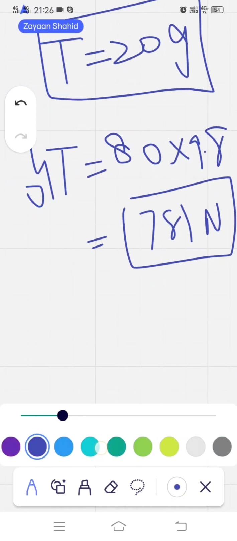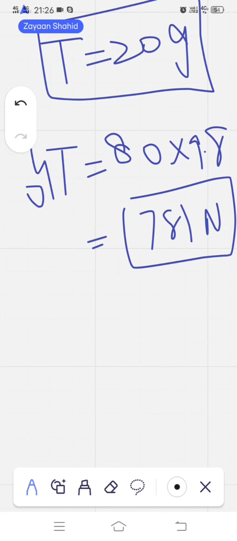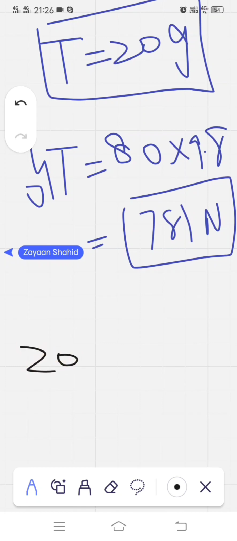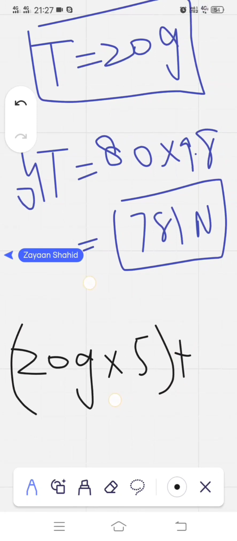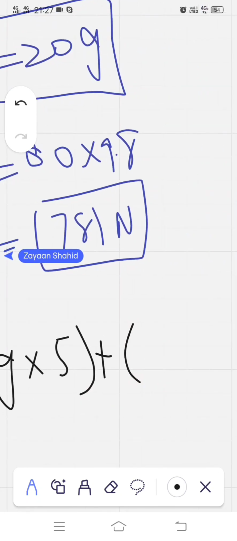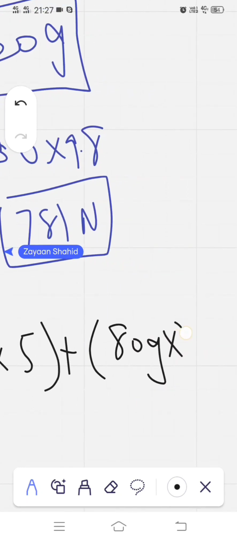Let's take the point B. So moments about the point B. First take 20g, the tension in the string A, multiplied by the distance, 5 from the point B, plus 80g, the tension in the string C in the upward direction, multiplied by the distance x.